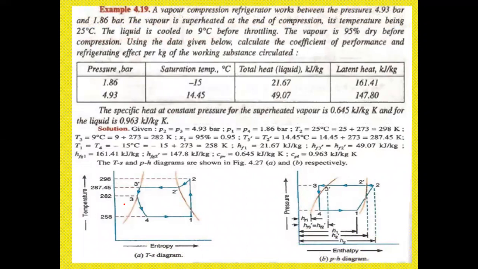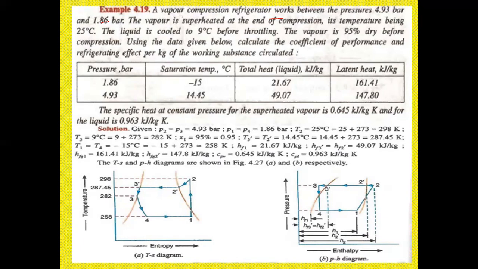A vapor compression refrigerator works between the pressures of 4.93 bar and 1.86 bar. We know that 1, 2, 3, 4, and that 1-4 is on one line, 2-3 is on one line. The vapor is superheated at the end of the compression, its temperature being 25 degrees centigrade.